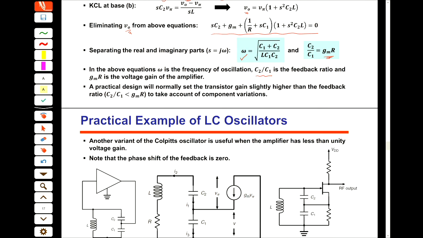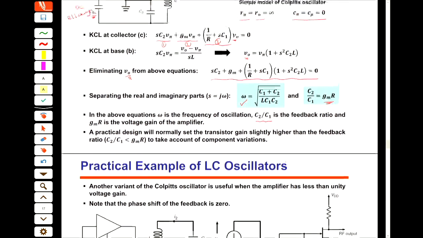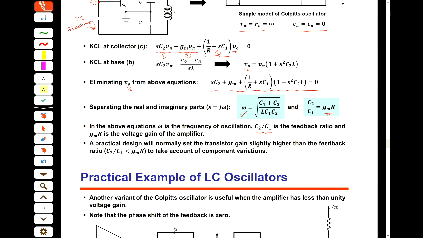And you find this. And usually I said that the gain of your amplifier multiplied by the gain of your feedback network should be greater than 1. So this is the condition that you should take care of. But it should be slightly higher.